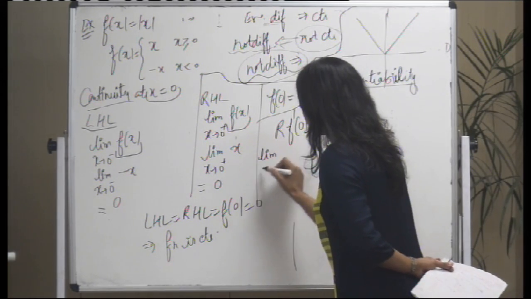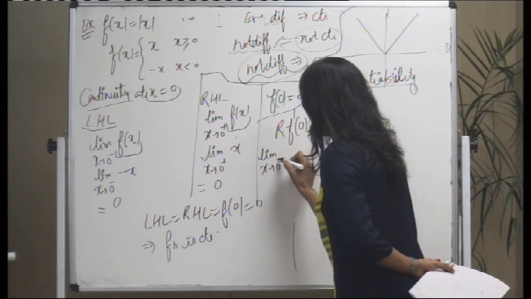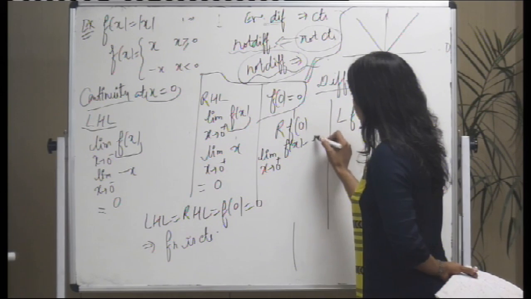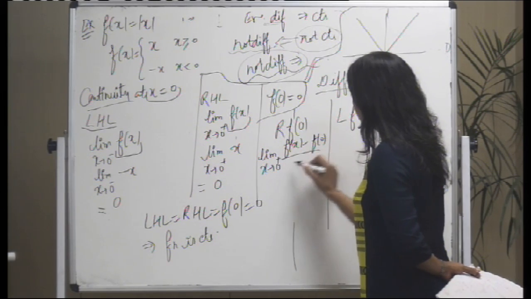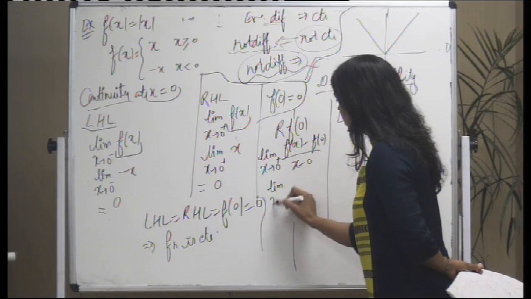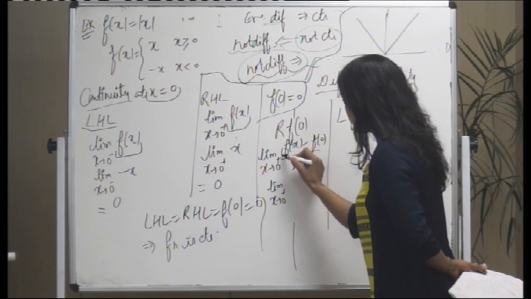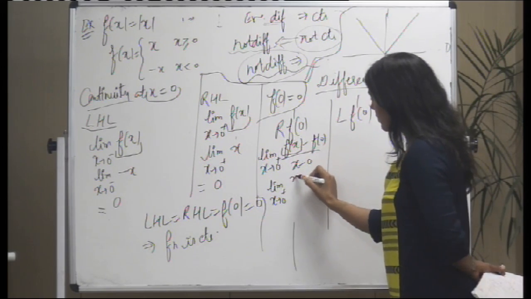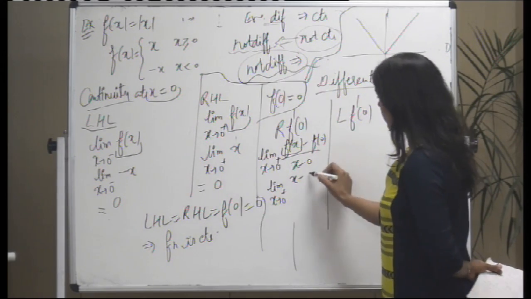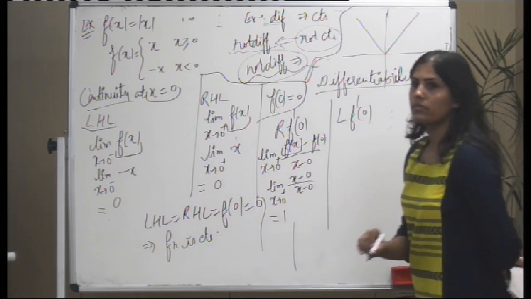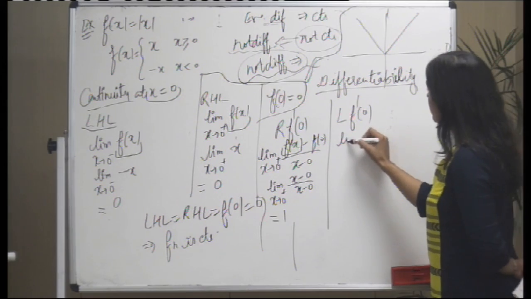Limit x tending to 0 plus of (f(x) minus f(0)) upon (x minus 0). The value of this for 0 plus points is x, f(0) is 0, upon x, so it is basically 1 you are getting.